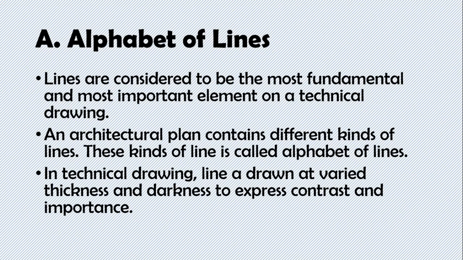And of course, lines have different kinds. An architectural plan contains different kinds of lines. This kind of line is called alphabet of lines. In technical drawing, line is drawn at varied thickness and darkness to express contrast and importance.